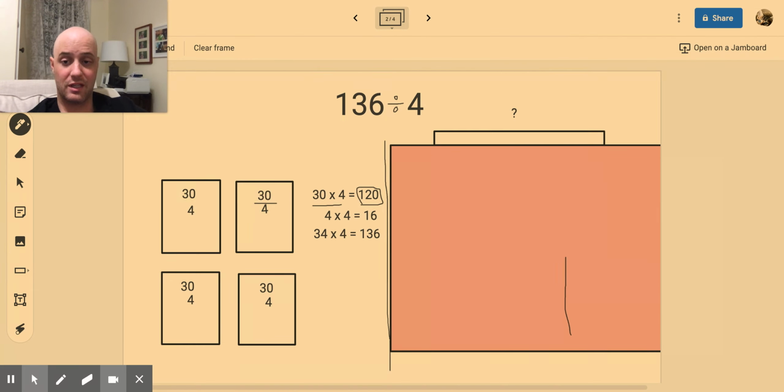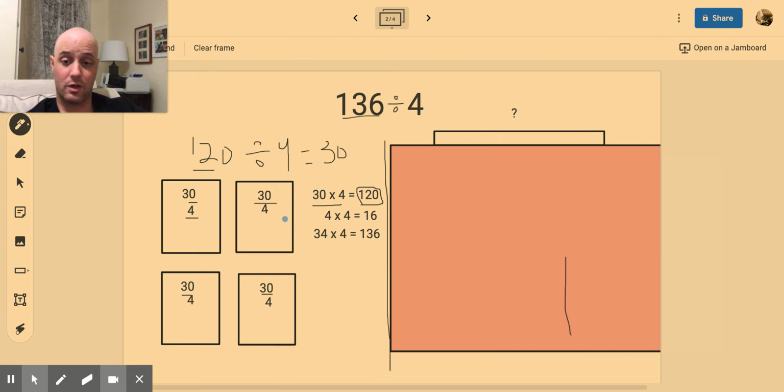Right now we really have done 120 divided by 4, and that was 30 for each group. But we're not doing 120 divided by 4. We're doing 136 divided by 4. So we have more to go.